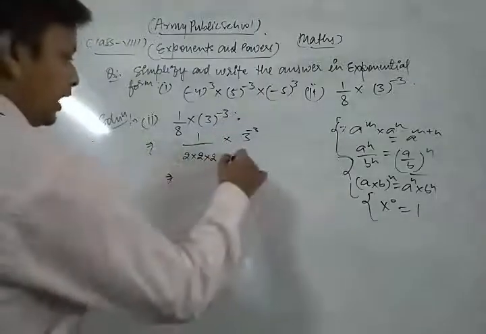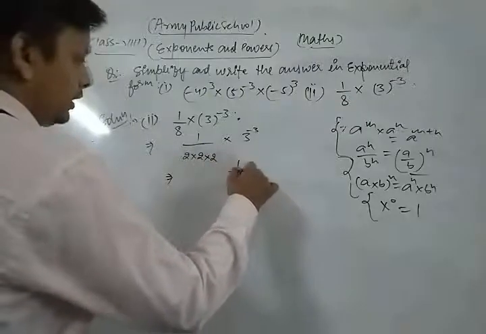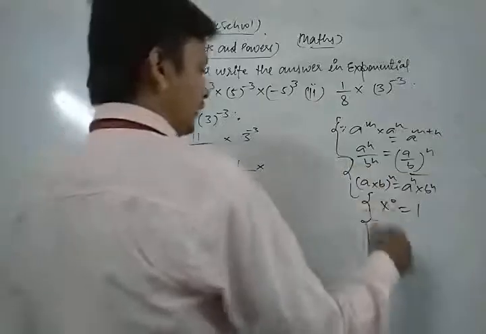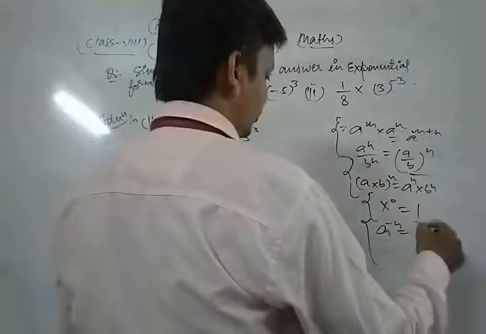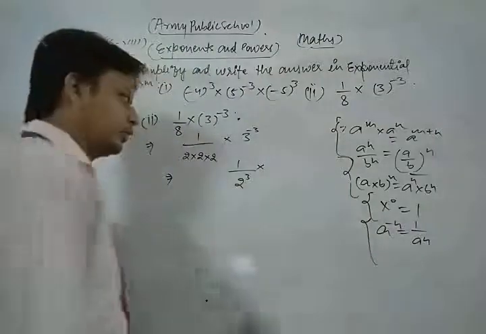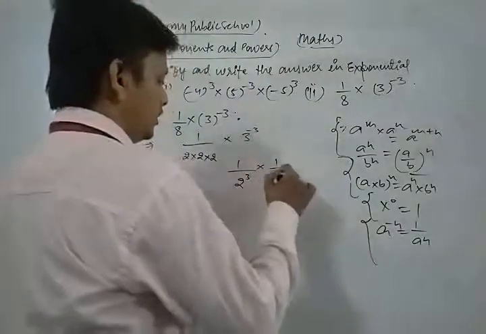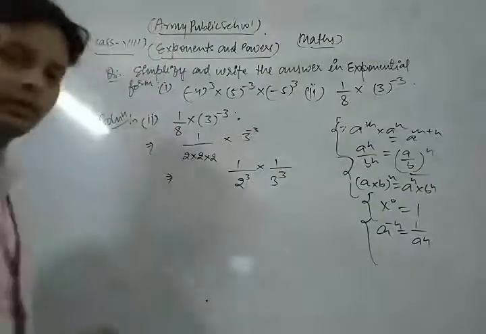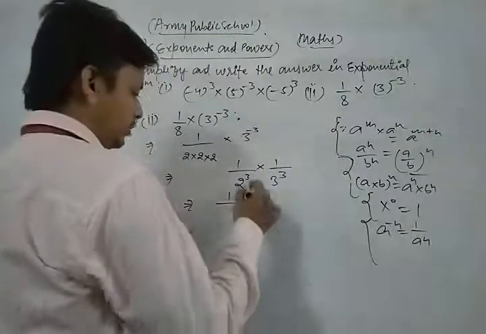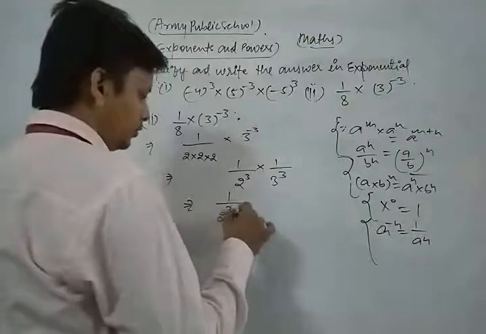Now we have 1 upon 2 power 3, and here we apply the law of exponents that a power minus n can be written as 1 upon a to the power n. So here we can write 1 upon 3 power plus 3. Now multiplying them, we get 1 upon 2 power 3 into 3 power 3.